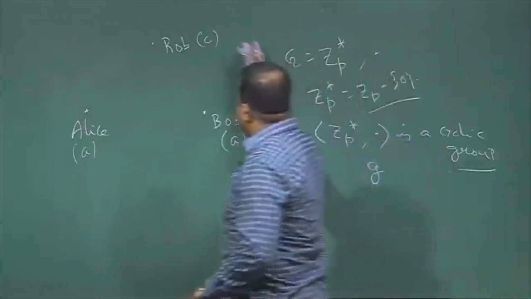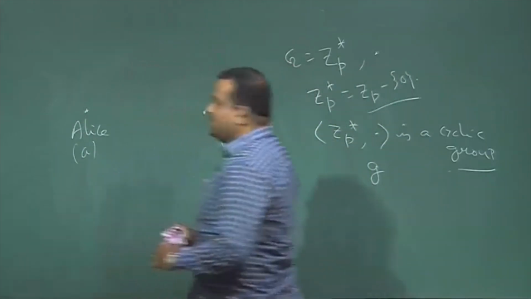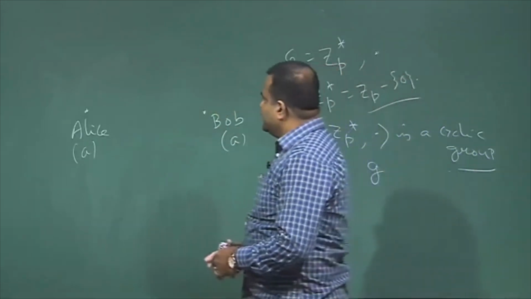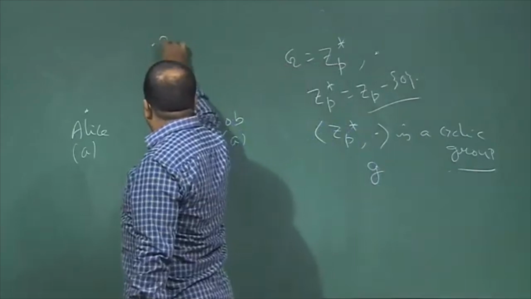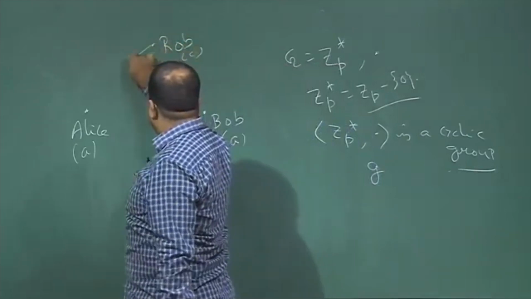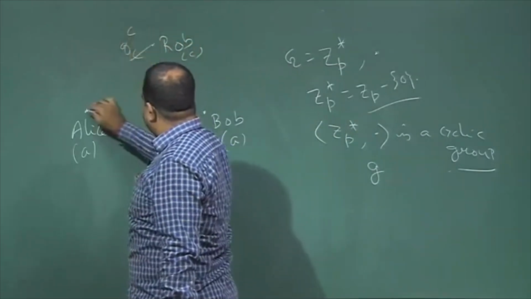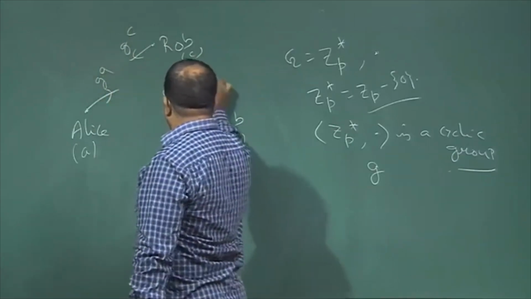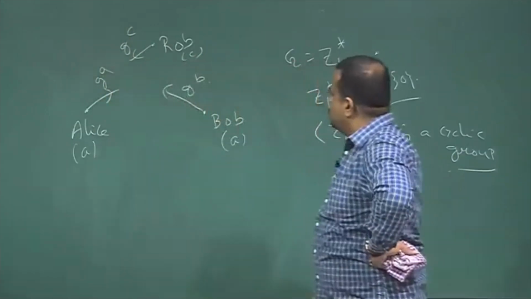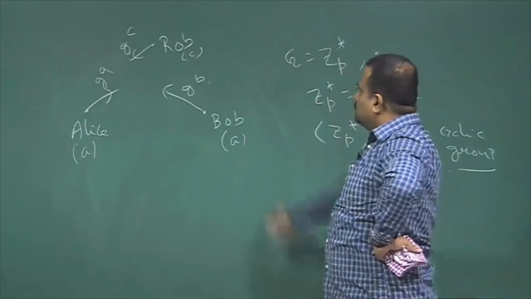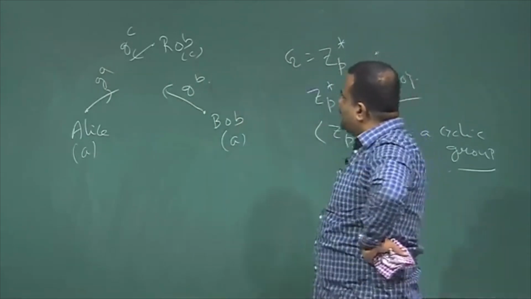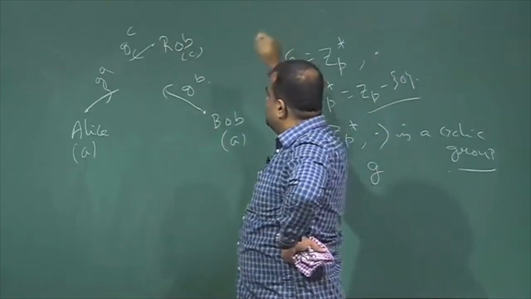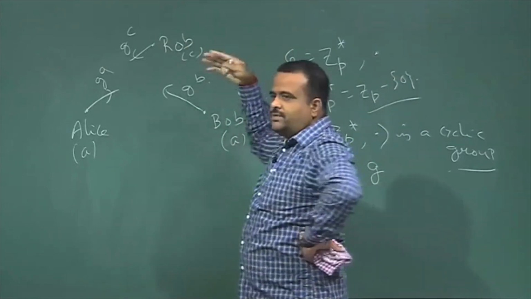Now how can they agree on a common key? This cannot be done in one single round. If Alice sends g to the power a, Bob sends g to the power b, and Rob sends g to the power c, how can they agree? Two parties can mutually agree on a key, but we want them to agree on a single key.